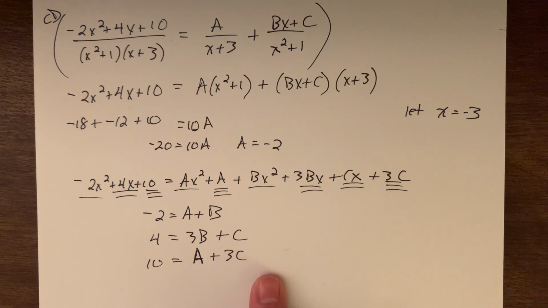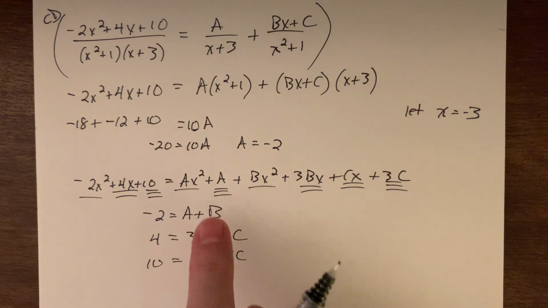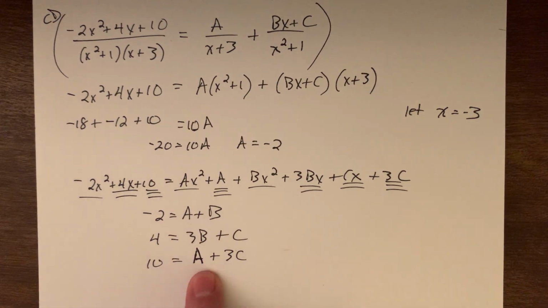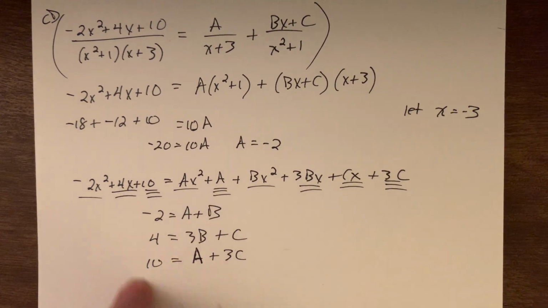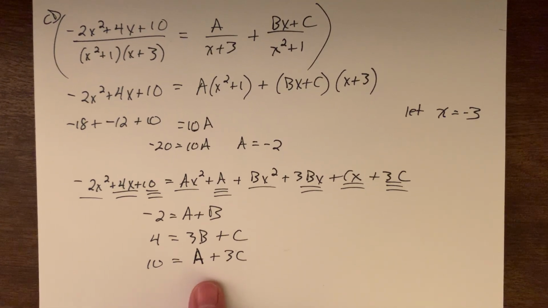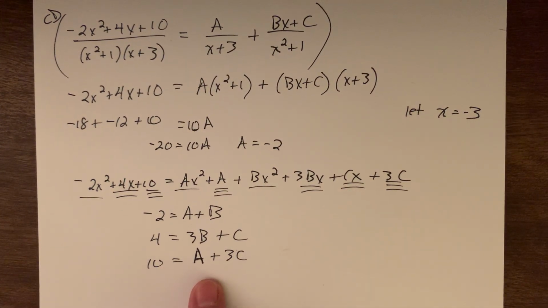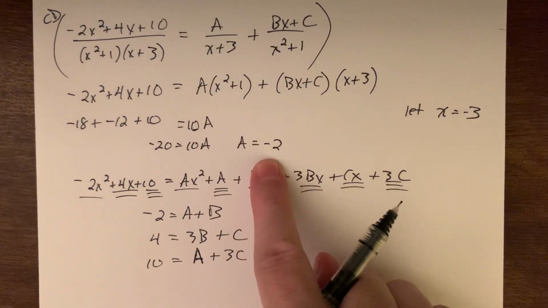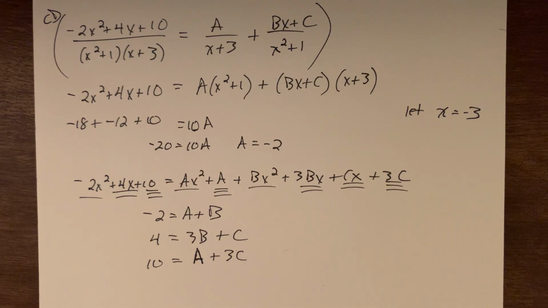So you could play lots of substitution games, solve this for a in terms of b, so I could plug that in here, and then use 2 equations. So you can make this work by itself. But now let's embrace what we did earlier. If we did this and knew a equals -2, this becomes a piece of cake.